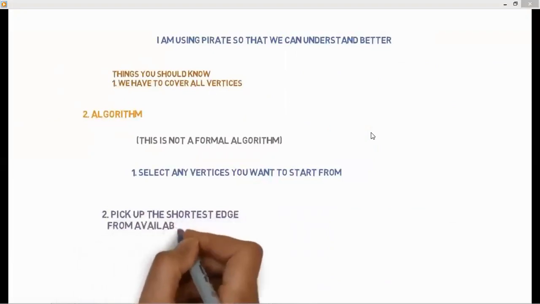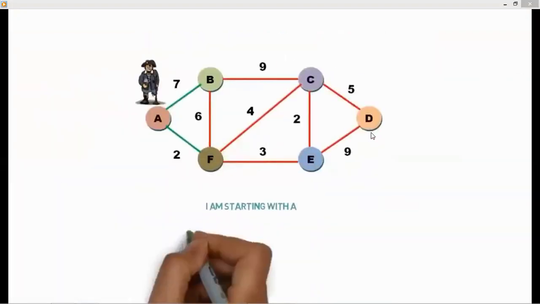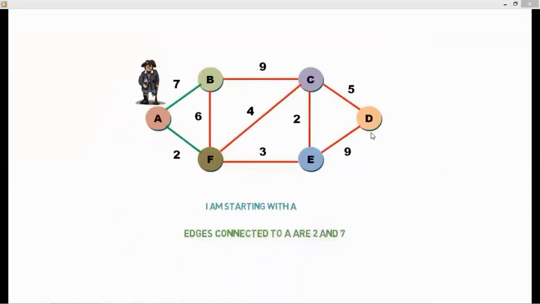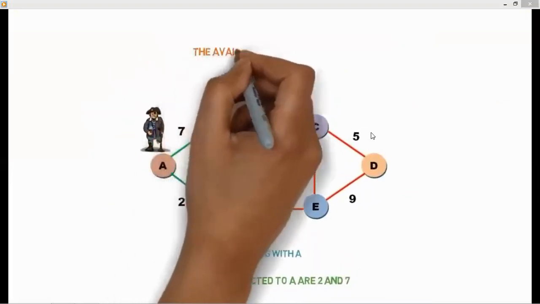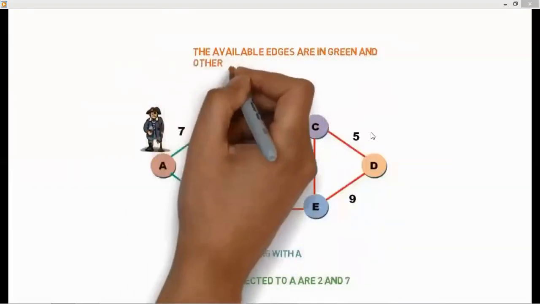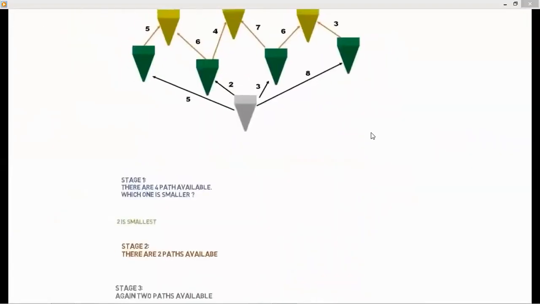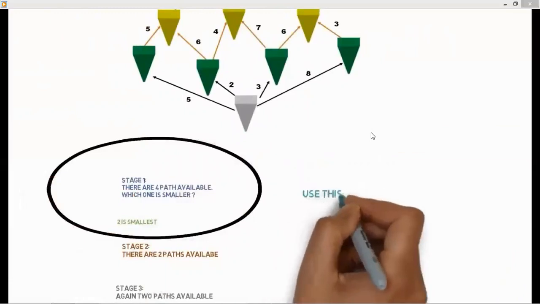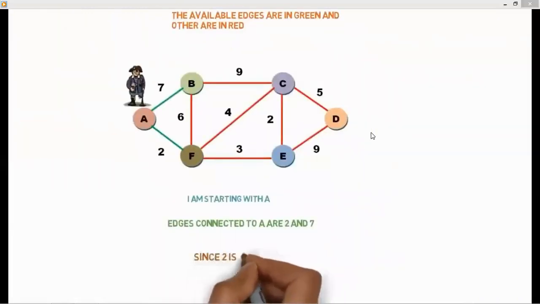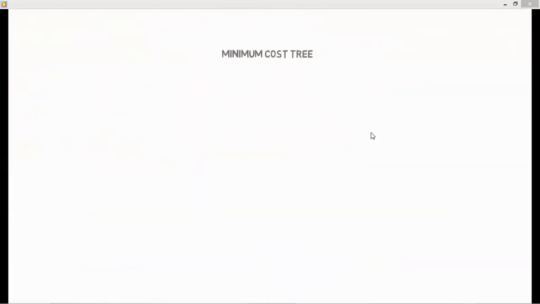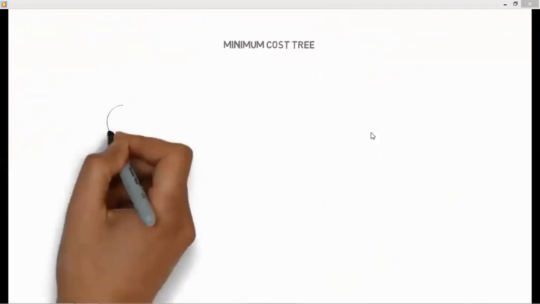But here we have to go according to the adjacent vertices. Now pick one shortest edge from the available vertices. The shortest edge is 2, that is E to C. Step 1. There are 4 paths here. The edges connected are 2, so minimum cost tree.